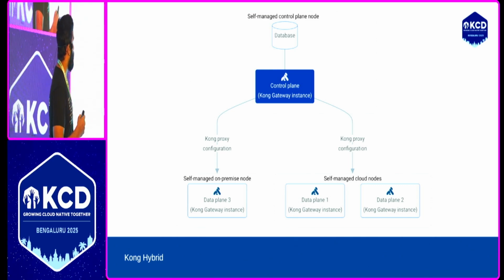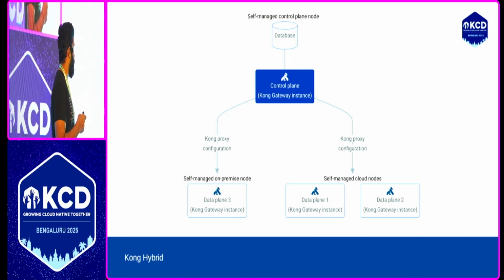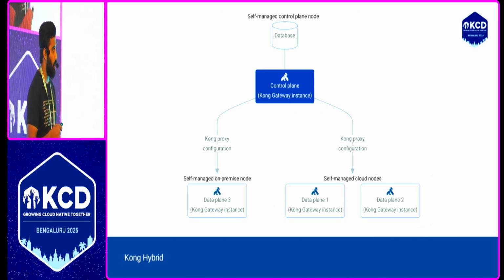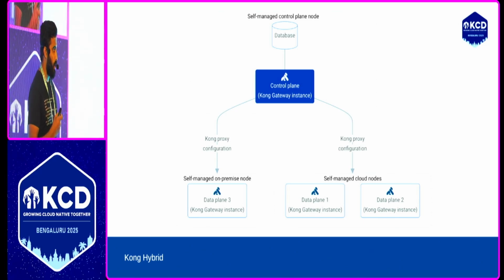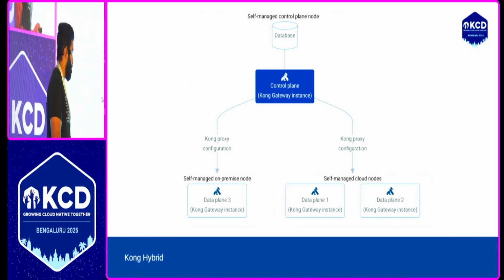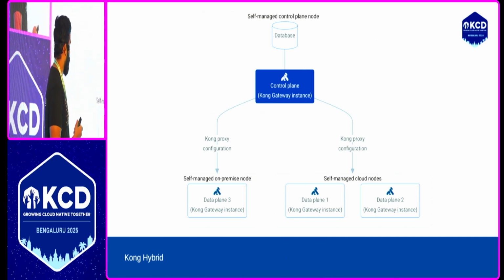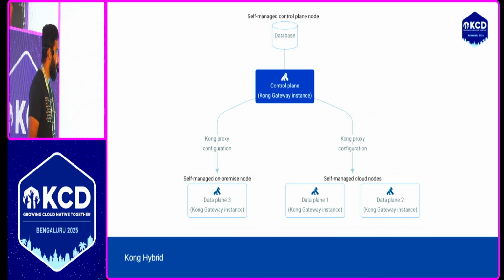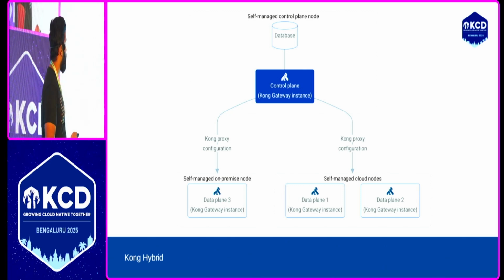That is, the management concern is handled by something called the control plane, which will only deal with the configuration for the API gateway, whereas the actual traffic will be served by a different component, the data planes. So this is one mode of deploying Kong, and this is the mode that we'll be looking into as we go further, where the control plane is responsible for the configuration.